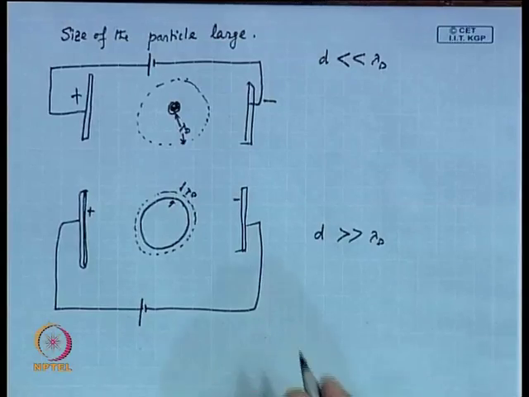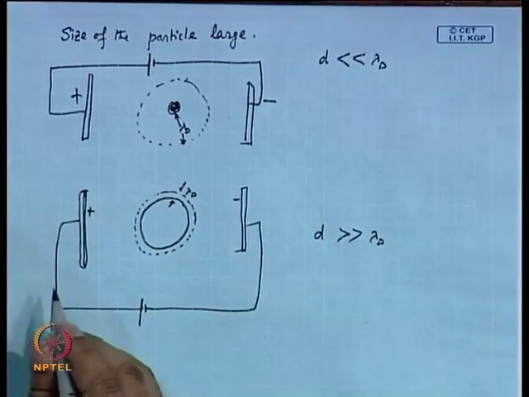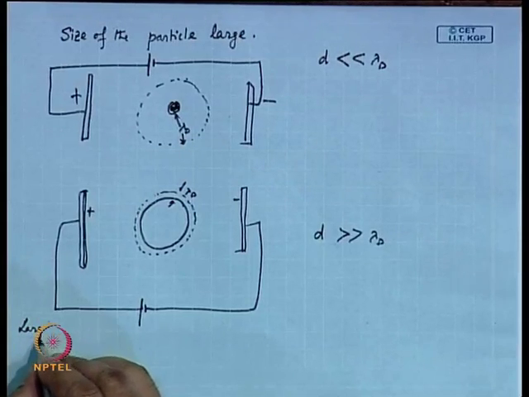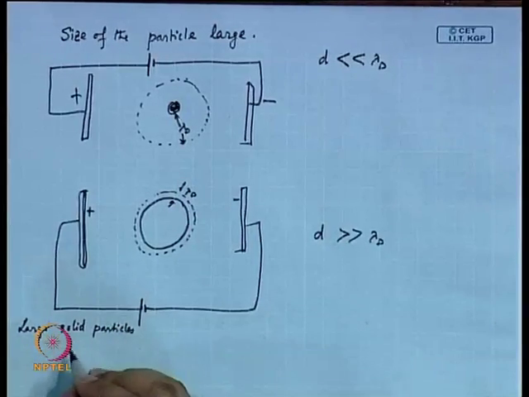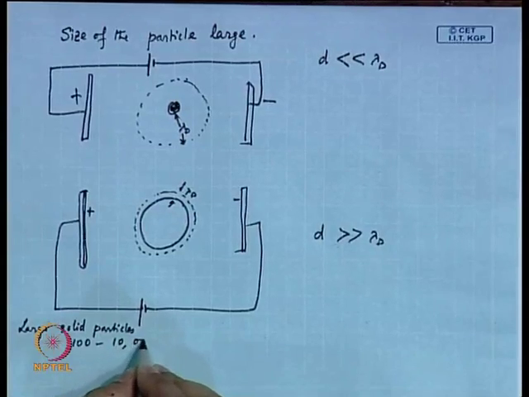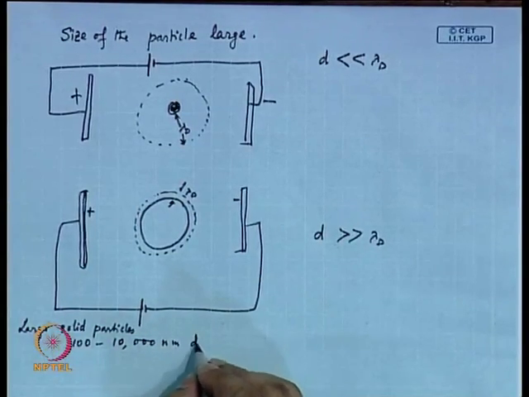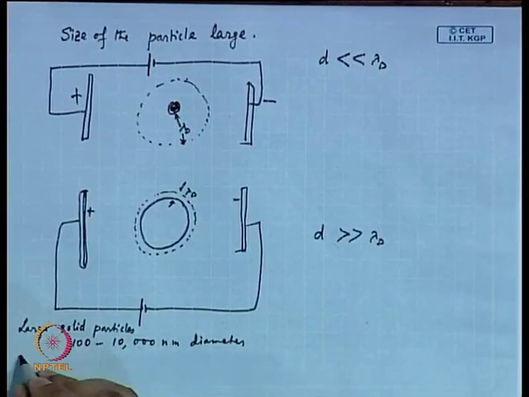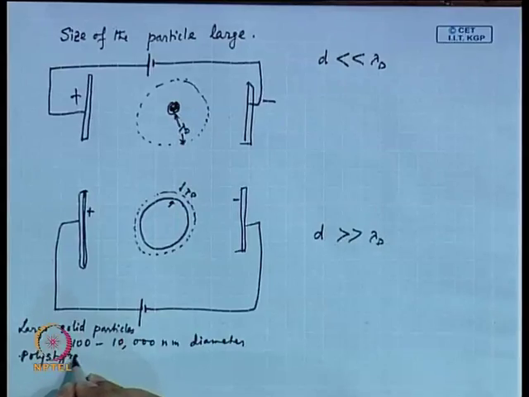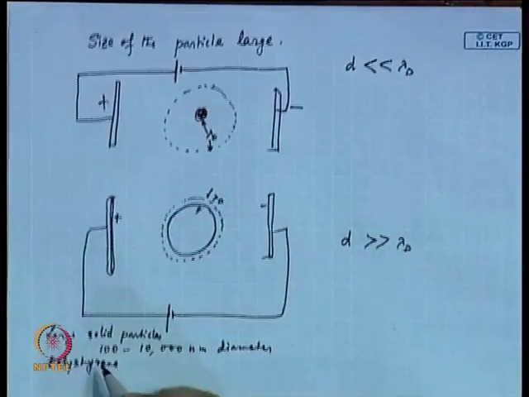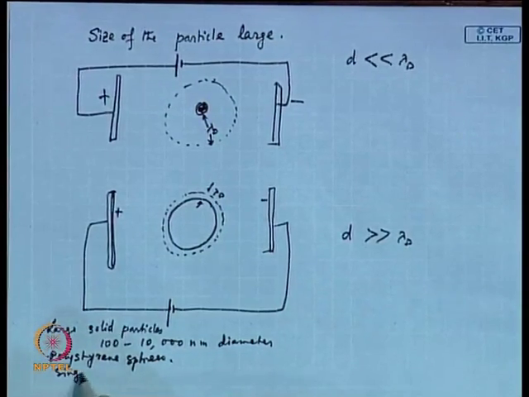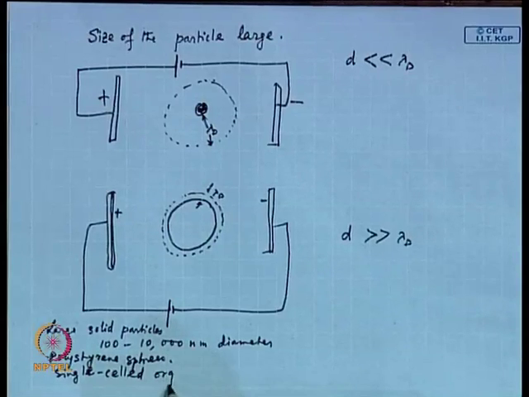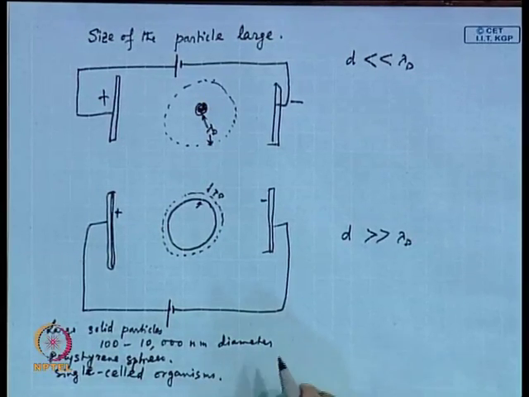What is an example of a big particle? Big particle could be, for example, we are talking about large solid particles of dimension 100 to 10,000 nanometer diameter: polystyrene spheres, single celled organisms, clay particles.